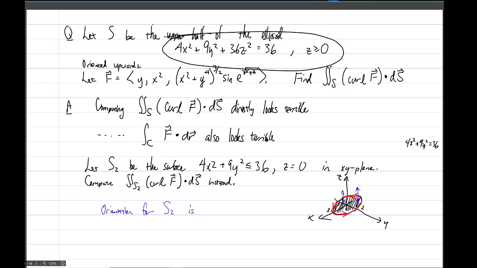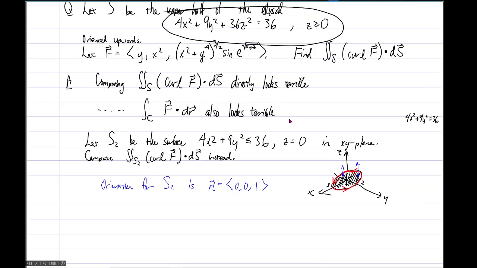The original surface looks like a football stadium or an eggshell, and everywhere you move there's a different normal vector. But for S2, the normal vector that gives the orientation is just 0, 0, 1 everywhere, because it's completely flat, parallel to the xy plane. In fact, the filled in ellipse lives in the xy plane itself.